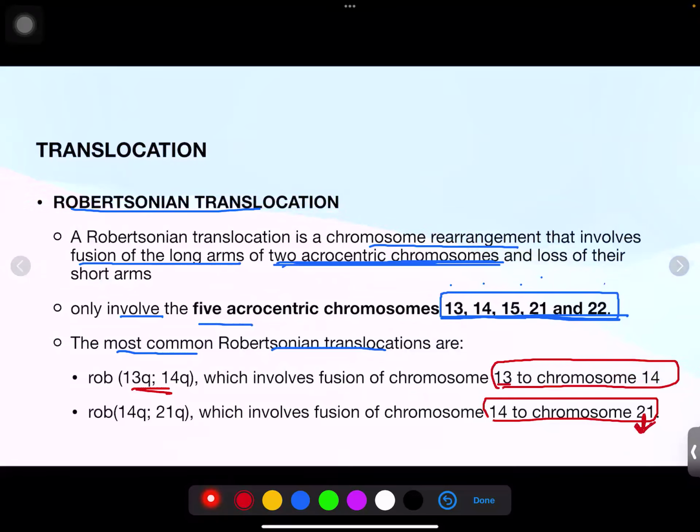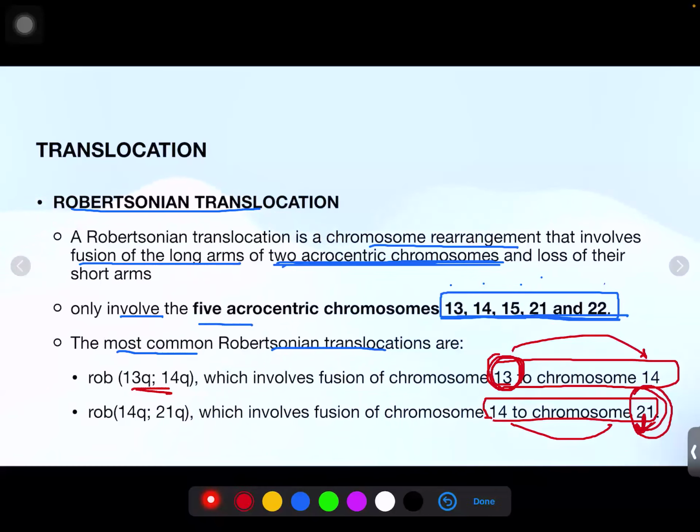That was Down syndrome. So 14 to chromosome 21. Whenever chromosome 21 is involved, it will lead to Down syndrome. And the 13 chromosome Robertsonian translocation will lead to Patau syndrome. So 13 and 14 are fused, and 14 to 21. So these translocations and non-disjunctions are the basic mechanisms of all the trisomies: Down syndrome, Edward, and Patau.